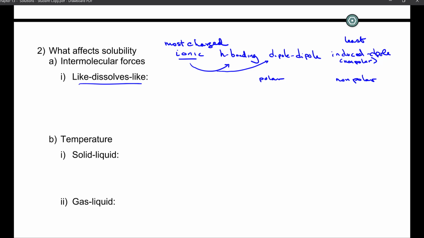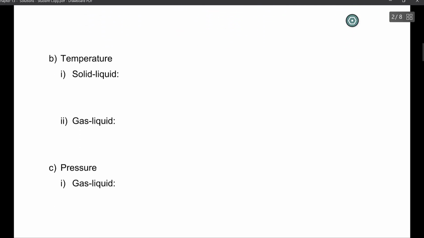All right. Another thing that affects solubility is temperature, and it affects that in different ways depending on the type of solution that it is.